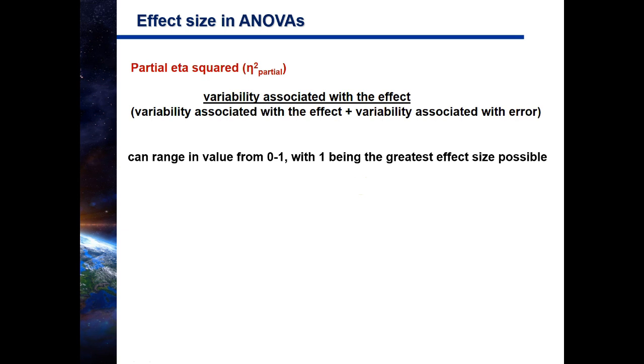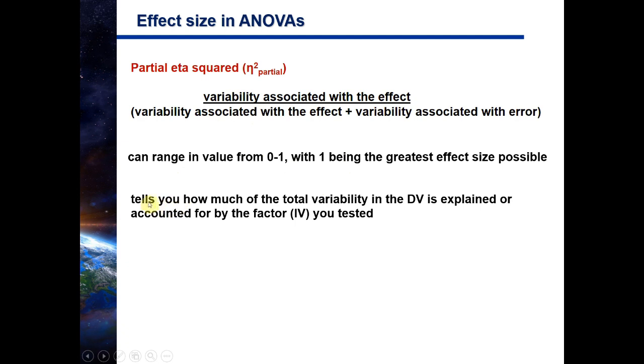You can get effect sizes greater than that. We don't tend to get that high in most experiments or studies in behavioral sciences, but it's possible. So just know that partial eta squared, the highest you can go is 1, and it cannot be negative.